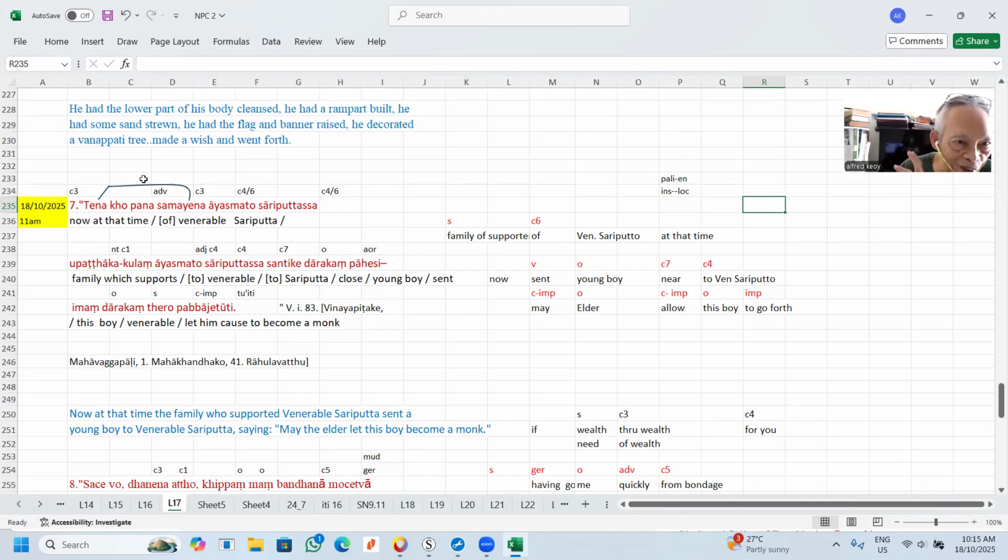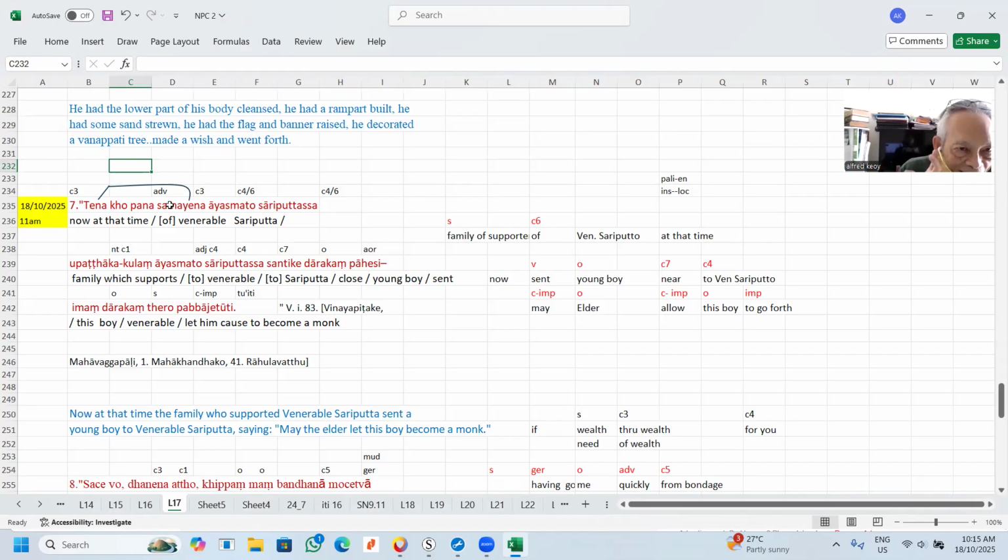Now this whole line, the word "ko" is used to emphasize, which is why it starts at the beginning. The word "pana" is now emphasize. At that time, you have to take this first when you phrase up this whole sentence: "Now at that time."